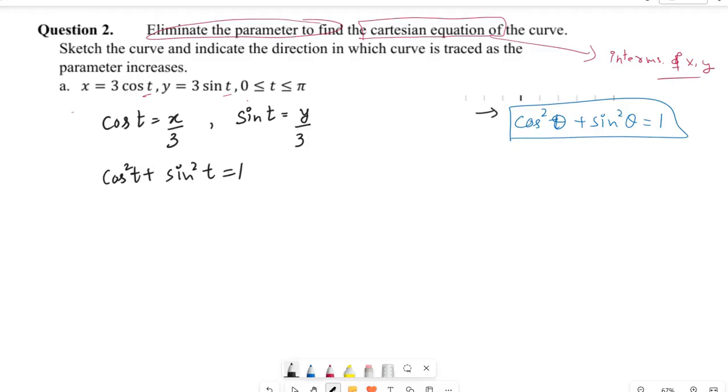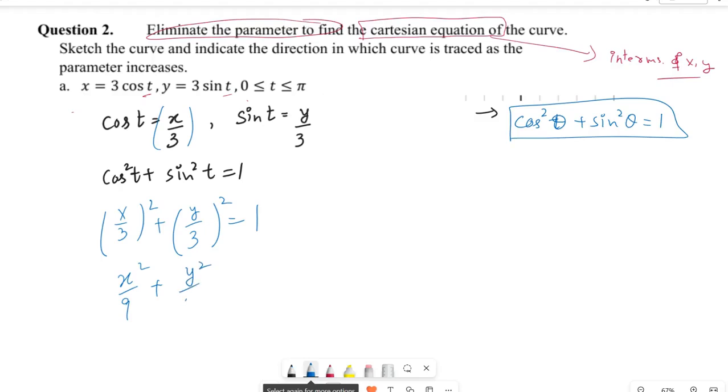I know cosine squared t plus sine squared t should be equal to 1, because this is true for any theta. Now, in place of cosine, we can substitute x by 3. So (x by 3) whole squared plus (y by 3) whole squared is equal to 1. So we have x squared by 9 plus y squared by 9 equal to 1. That looks like x squared plus y squared equal to 9.